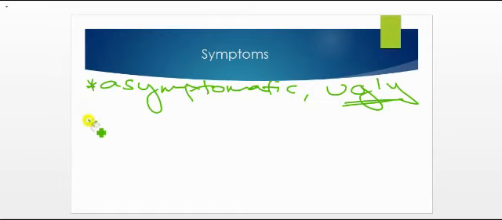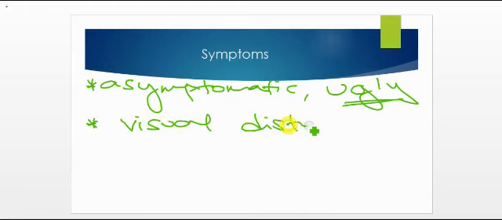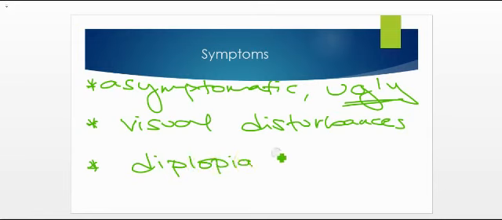But over time, as it encroaches the cornea and covers the pupillary area, you are going to get visual disturbances. Okay, clear? And then after some time you also get diplopia, double vision.